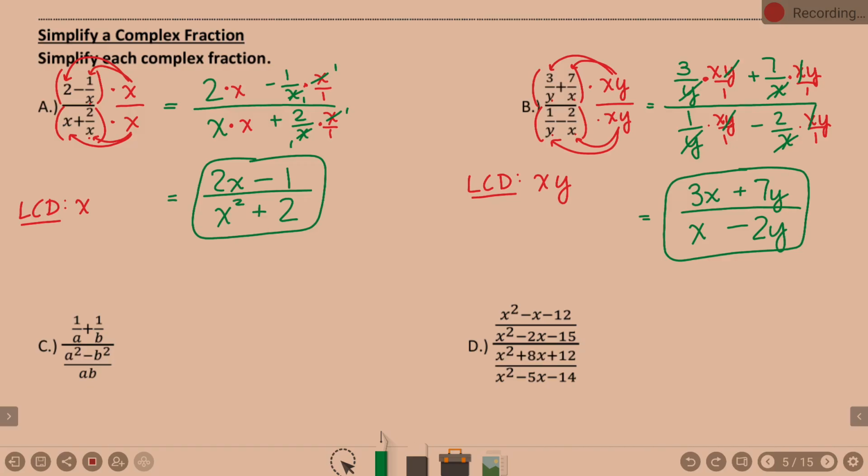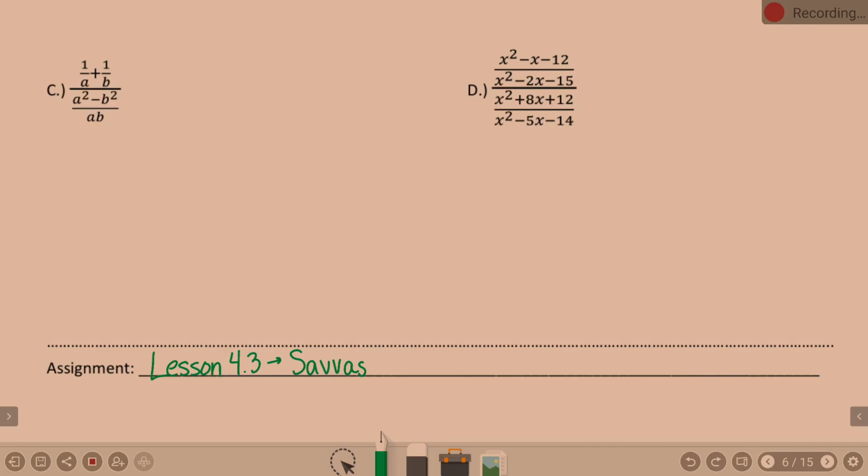Are we catching on a little bit? Okay, let's go look at C when you're ready. Start thinking. What kind of common denominator do you want to multiply by? What are you guys thinking? AB? Okay, and here's the deal.